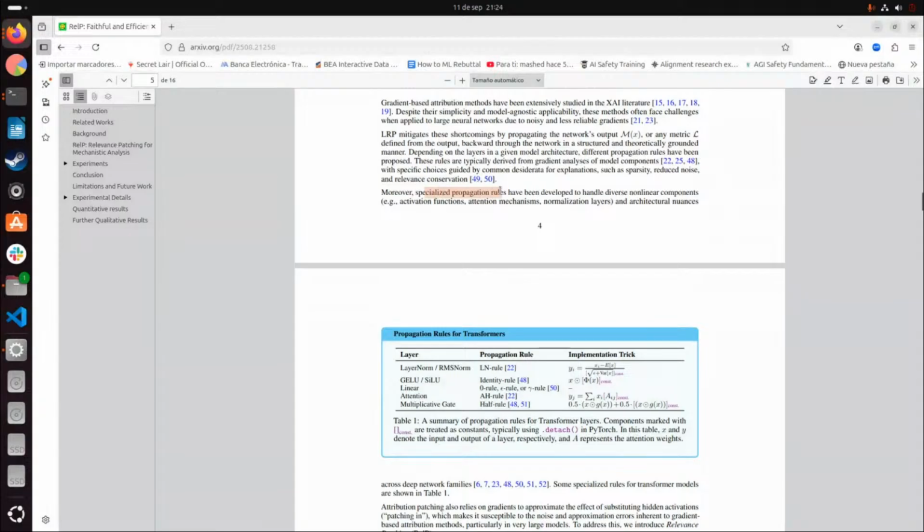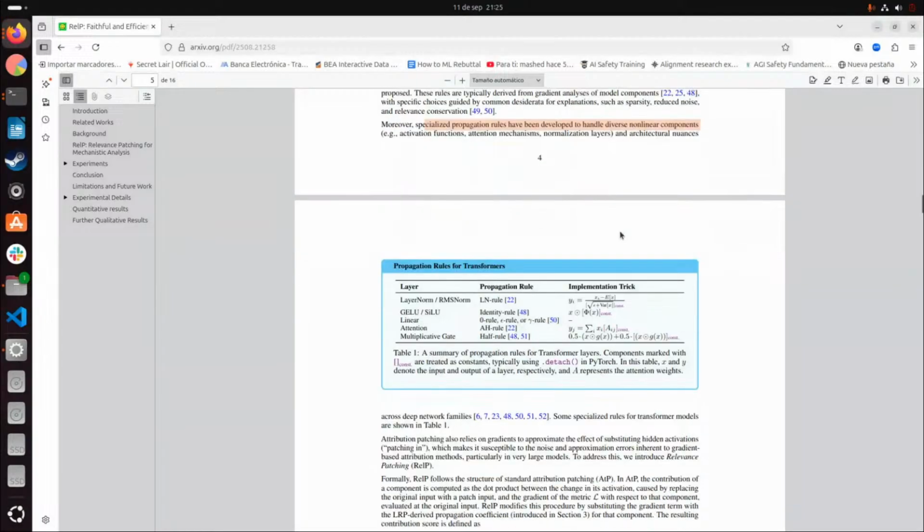Moreover, specialized propagation rules have been developed to handle diverse nonlinear. Right, I guess it says something.